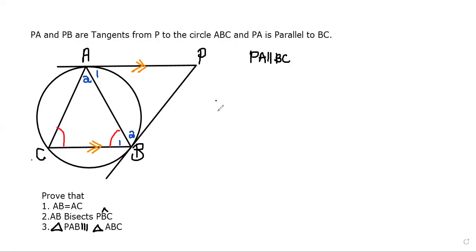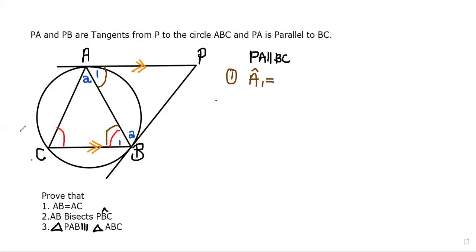As you can see here, the hint for number one is that we're going to prove that B1 is equal to angle C. How can I prove that? I can see that angle A1 is equal to this angle right here, which is angle B1.